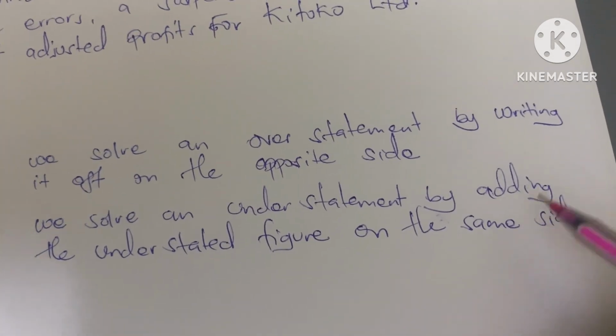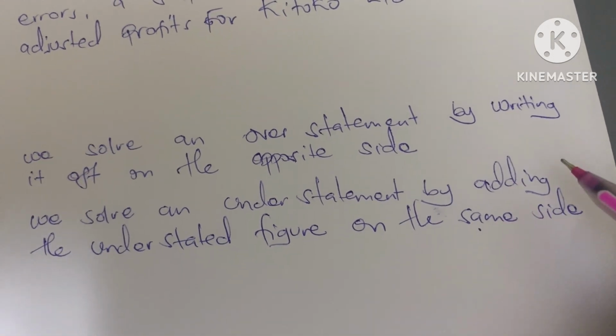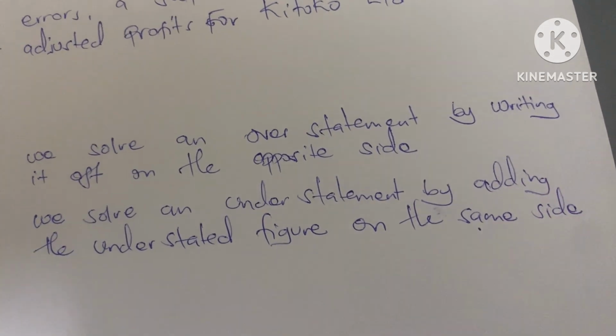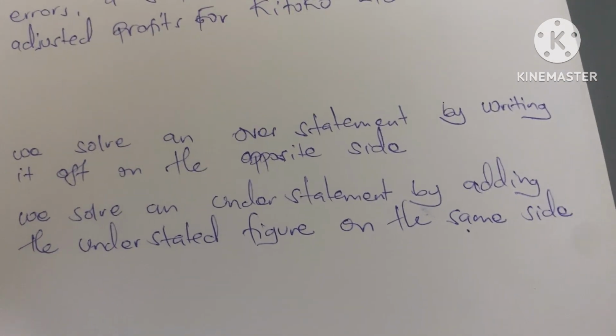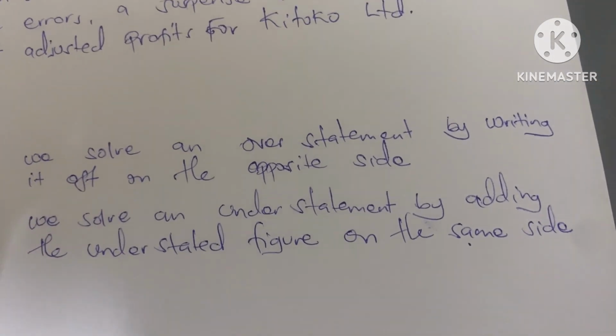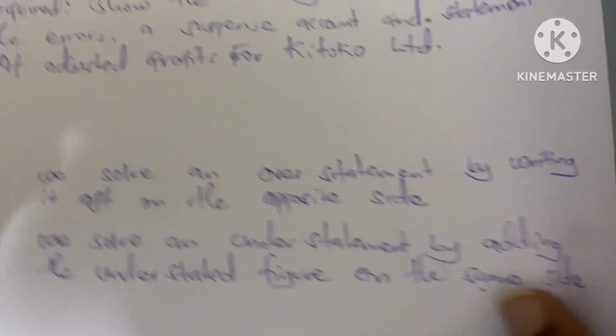So if sales were understated by a certain amount, we would add that same figure on the credit side. For an understatement, we just add on that same side, but for an overstatement, you write it off on the opposite side.